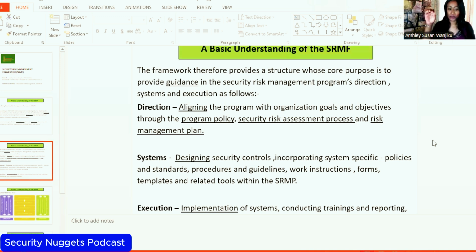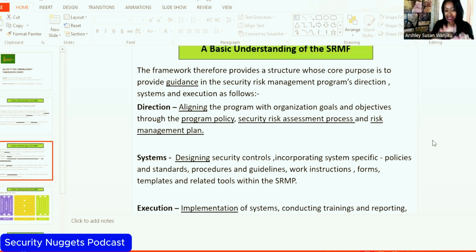For example, if one of the systems you're going to incorporate to mitigate and manage the risks that rank high through the SRA is an automated access control system, then you are going to first formulate an access control system policy for that system. Within it, you're going to highlight the standards, procedures and guidelines, any work instructions required, any form templates required, and any other related tools as far as that system is concerned.